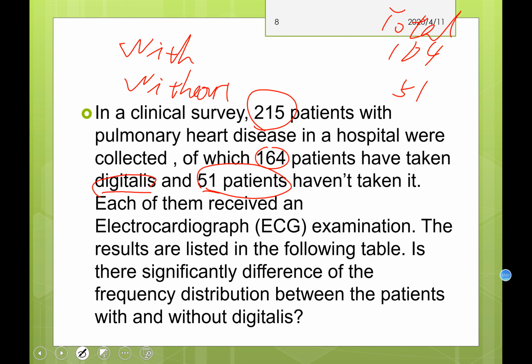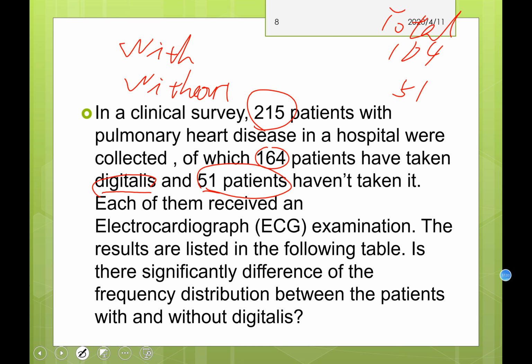And next one, each of them received an ECG examination. The results are listed in the following table. Here some numbers are given in the table, but in our examination I will give you all the numbers in this sentence and ask you to construct the contingency table.